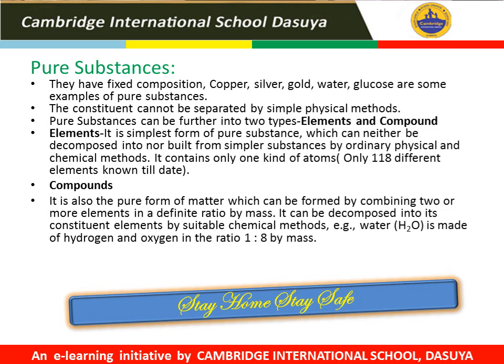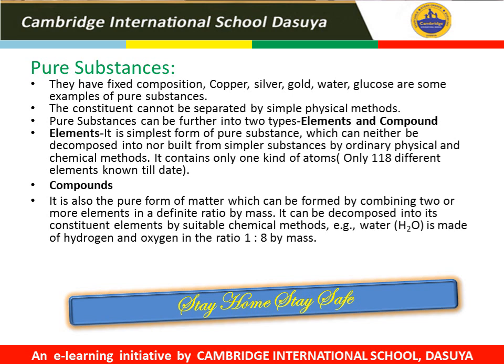Now how do we define elements? An element is the simplest form of pure substance which cannot be decomposed further, nor can we get simpler substances out of it. An element consists of only one type of atom, and only around 118 different elements are known till now.